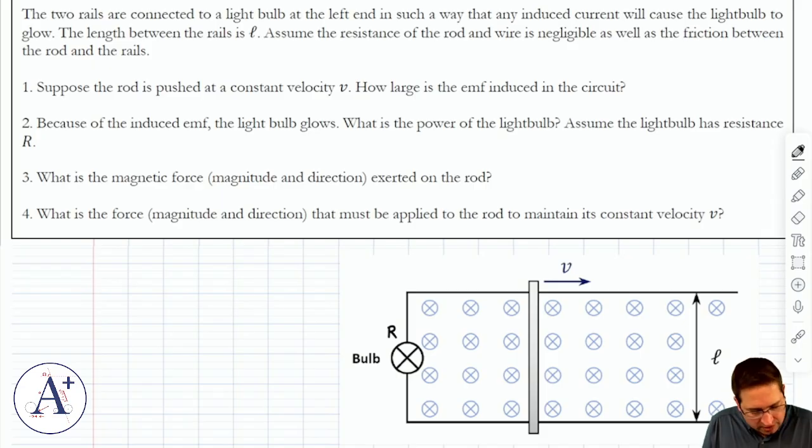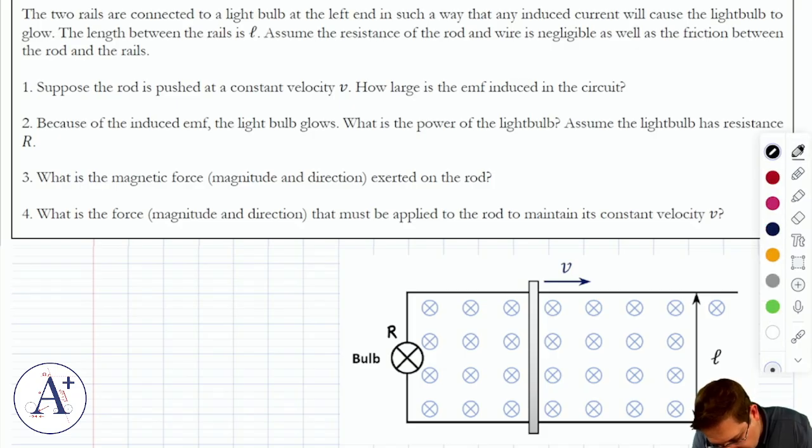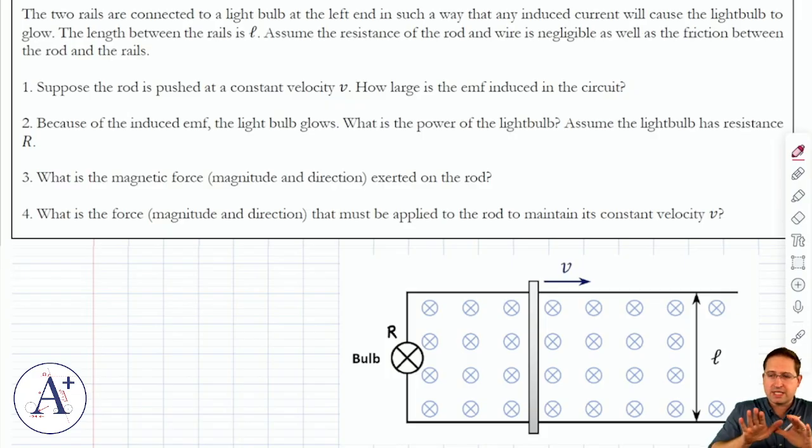Okay. And so conceptually, before we even start finding epsilon induced, what we have here is an area that is going to increase with time as the rod moves to the right. If the area increases with time, then flux into the page increases. And flux is into the page because B is into the page. So as the rod moves to the right, flux into the page increases. By Lenz's law, B induced must oppose the change in flux.